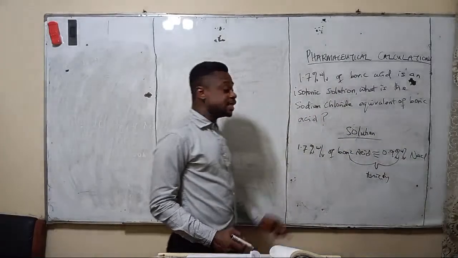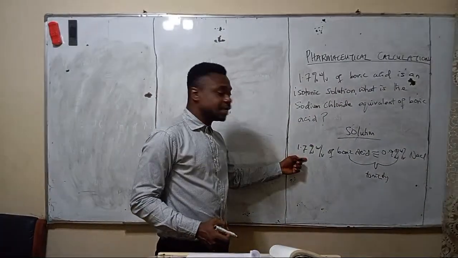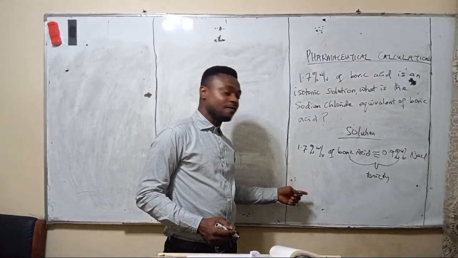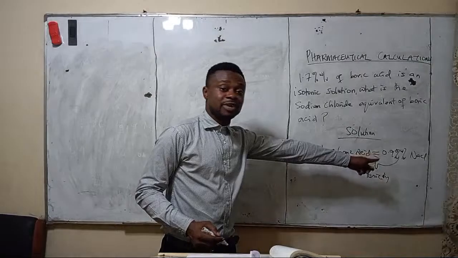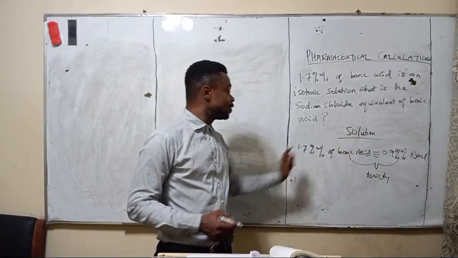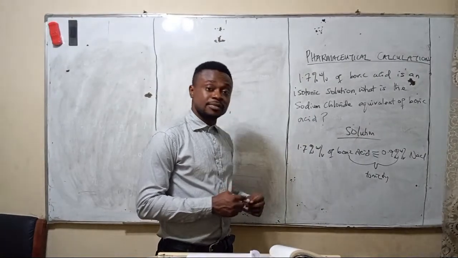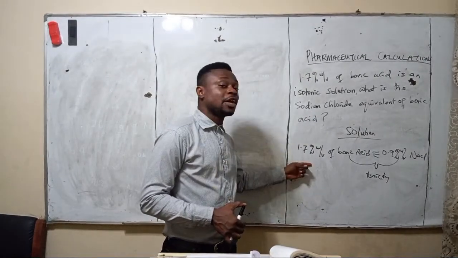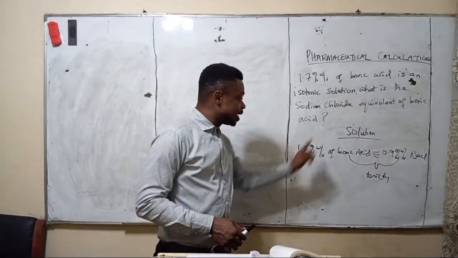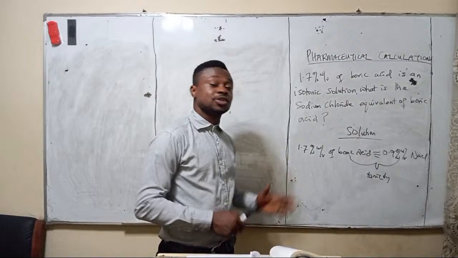They have the same tonicity because this one depresses the freezing point of water by 0.52 degrees Celsius. This one also depresses the freezing point of water by 0.52 degrees Celsius. So the two of them have the same freezing point, minus 0.52 degrees Celsius. So they are equivalent in terms of tonicity.